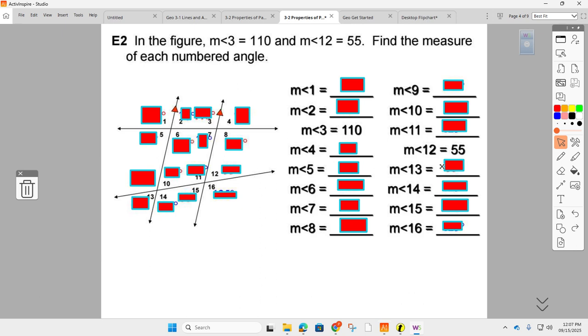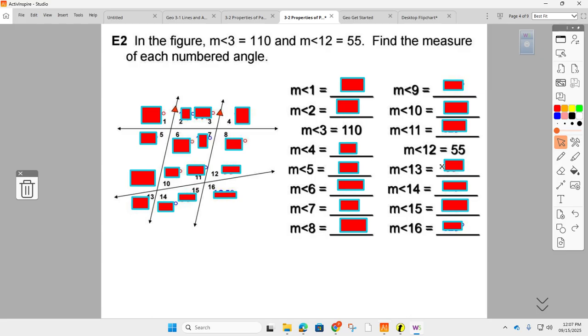Remember, the very first thing we said in our notes is that when this line crosses two other lines, you create 8 angles. There's only 2 measures. So if 110 is the measure of angle 3, then all the angles are going to be measured 110 or 70.